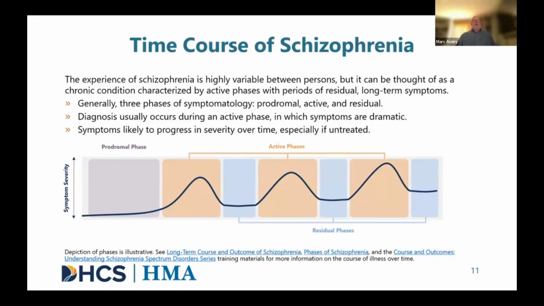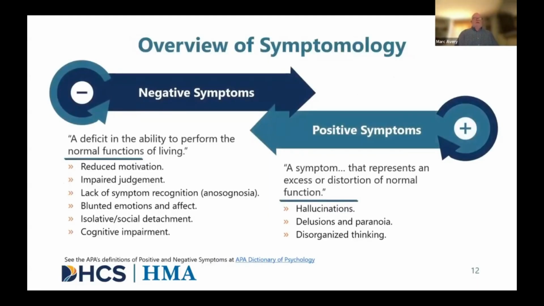Okay, with the next slide, we delve into a longer list of the actual symptoms of schizophrenia. Schizophrenia is a complex condition that may present with one or more of actually a very long list of possible symptoms. To help understand these symptoms, they've been divided into two groups referred to as positive and negative symptoms.